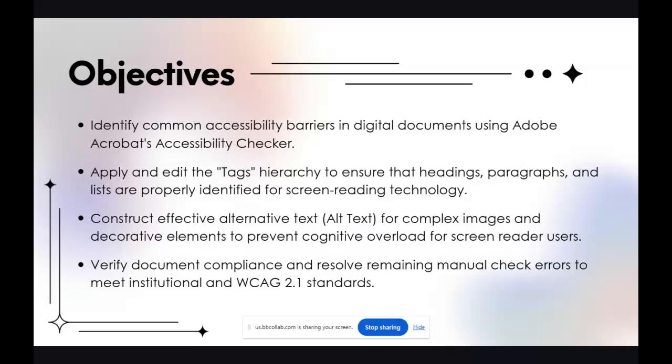All right, so what we're going to do: we're going to identify some barriers as we do our activity, the biggest obstacles that we see. We're going to familiarize ourselves with the entire interface of the PDF auto tag, as well as the reading order panel, where you will actually be able to see the hierarchy in which a screen reader will read your document in real time.